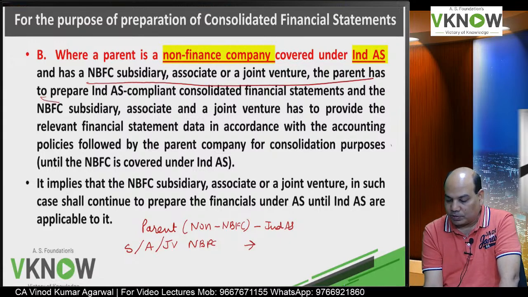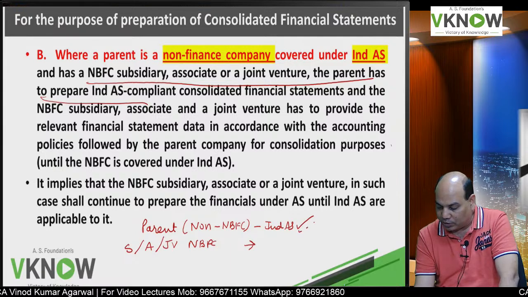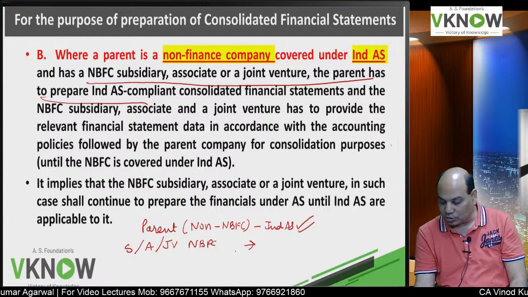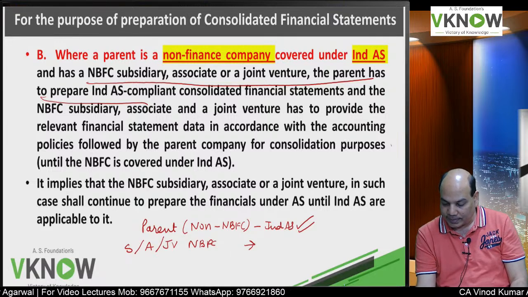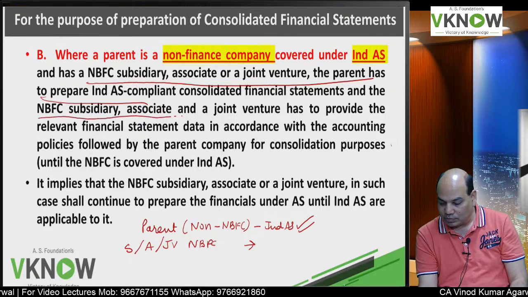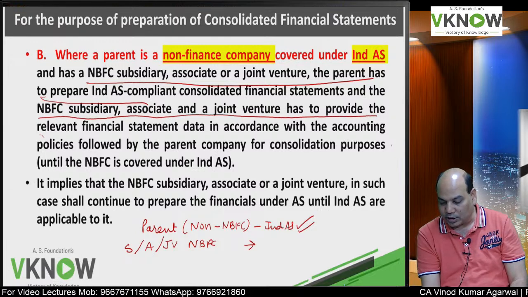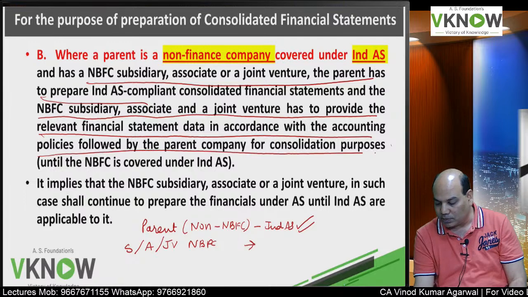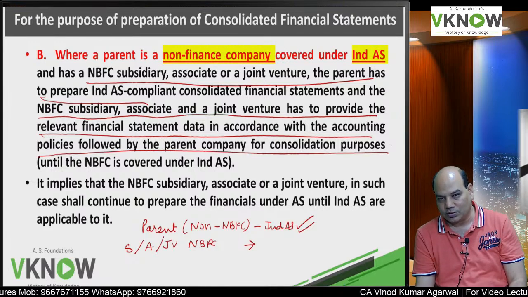The parent has to prepare Ind AS compliant. So of course parent will prepare Ind AS compliant because it has come under applicability. But what about the NBFC? An NBFC subsidiary, associate or joint venture has to provide the relevant financial data in accordance with the accounting policy followed by the company for consolidation purpose.